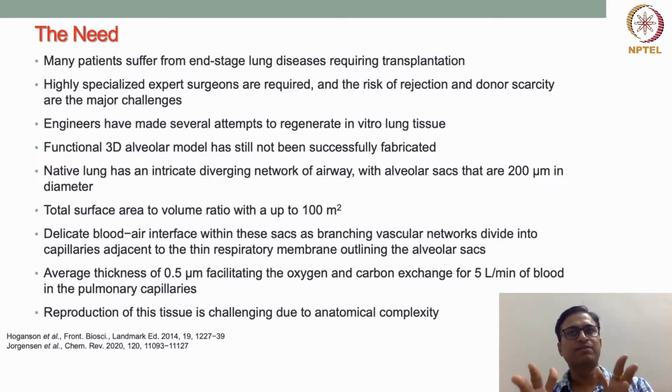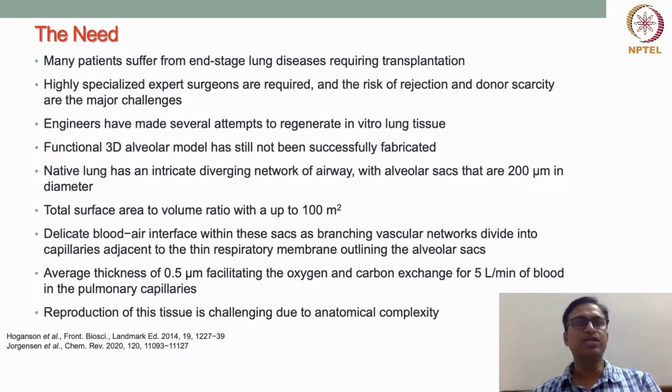The alveolar sacs are present where there is this thin respiratory membrane, and on the other side a capillary network is present. So gaseous exchange can happen between the air within the alveoli and the blood on the other side; because of this interface, gaseous exchange happens.